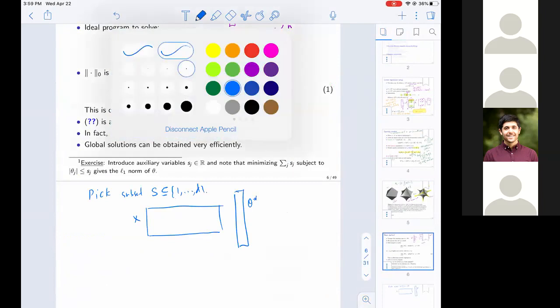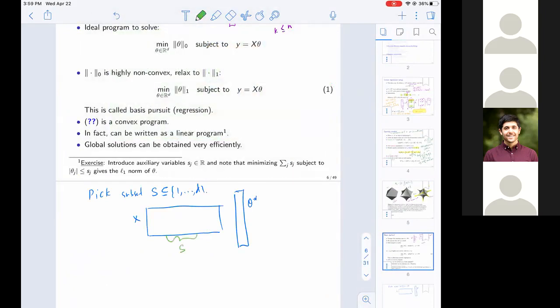So I'm going to pick this subset S here, and the corresponding subset is here.